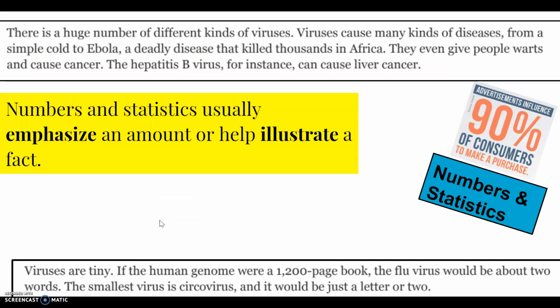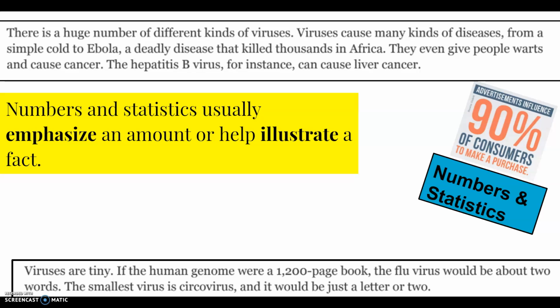So we are going to go ahead and learn about numbers and statistics. Numbers and statistics usually emphasize an amount or help illustrate a fact. For example, here up above in an article that we read previously, it says there's a huge number of different kinds of viruses. Viruses cause many kinds of diseases, from a simple cold to Ebola, a deadly disease that killed thousands in Africa.